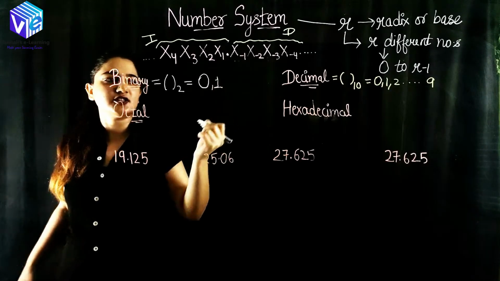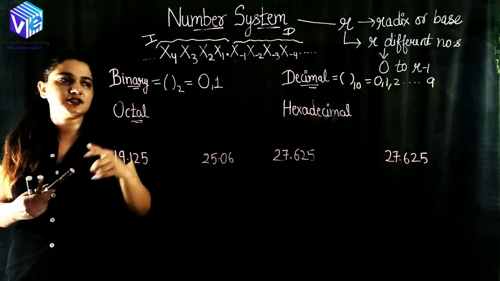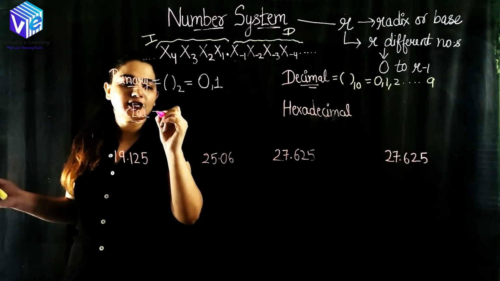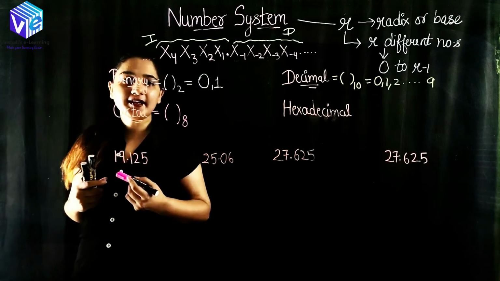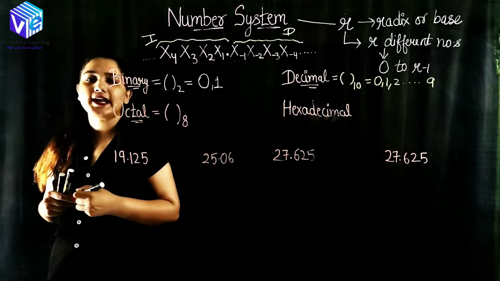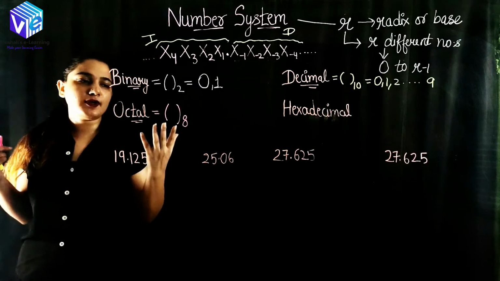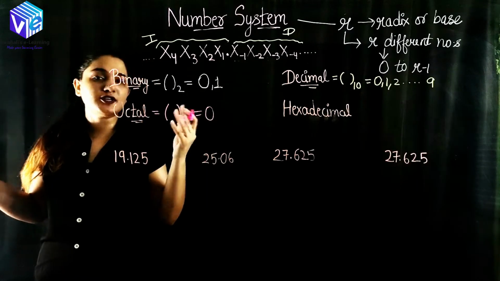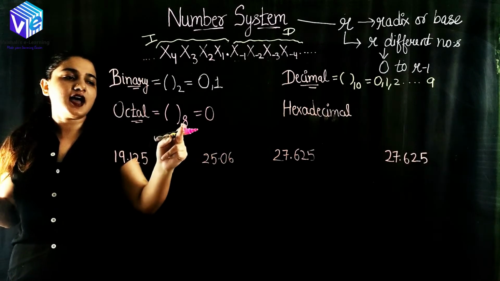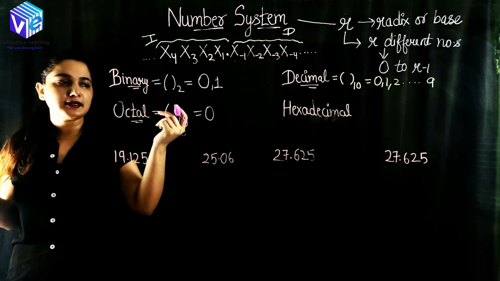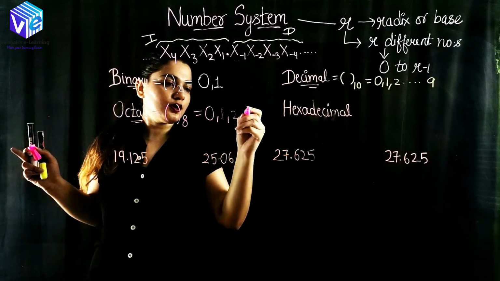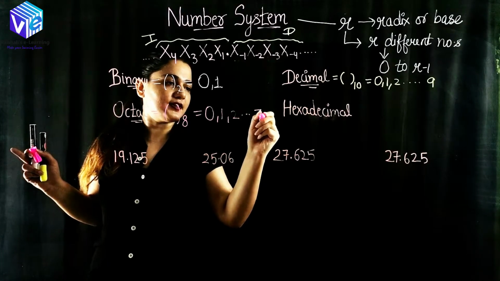So I have just two numbers, 0 and 1. Now in octal, we have 8 as the radix or base. Again we start from 0 and move up to 8 minus 1, which is 7. So 0, 1, 2 up to 7.